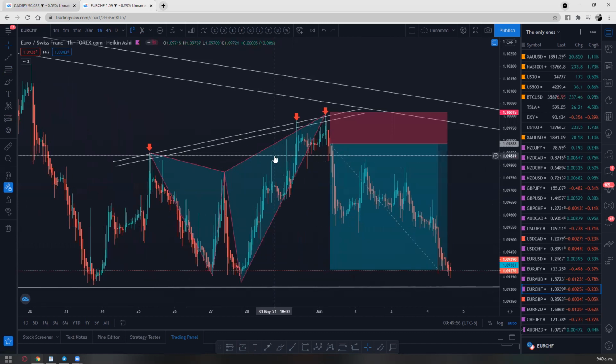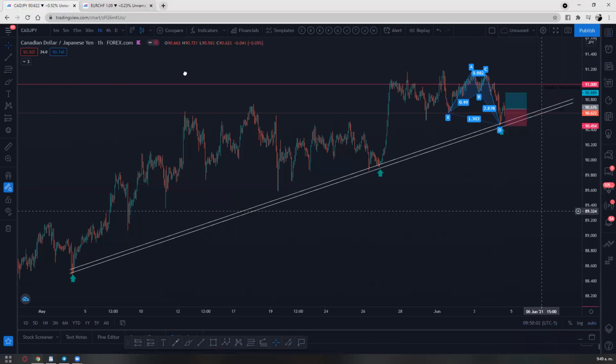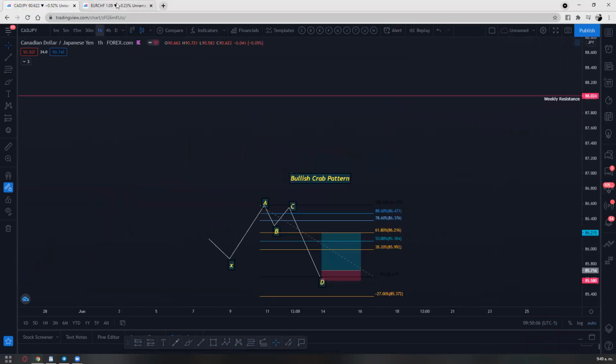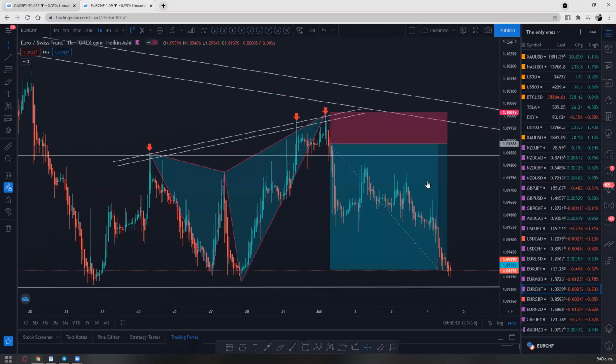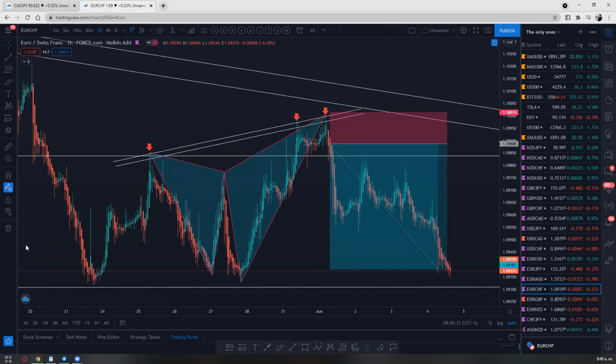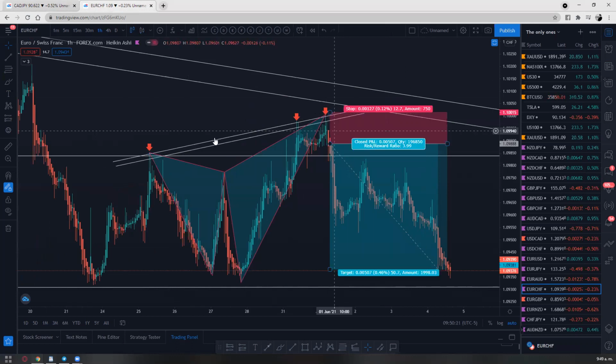If I forgot how to draw the thing, the actual numbers and the Fibonacci retracement, I just go on Google and look for it again. It doesn't matter. You don't have to memorize that. Everything is going to be on YouTube, and whenever you find out, you can just go with it. So you see 3 touches on the top, and you see a nice pattern formation, a W formation, and boom, beautiful.